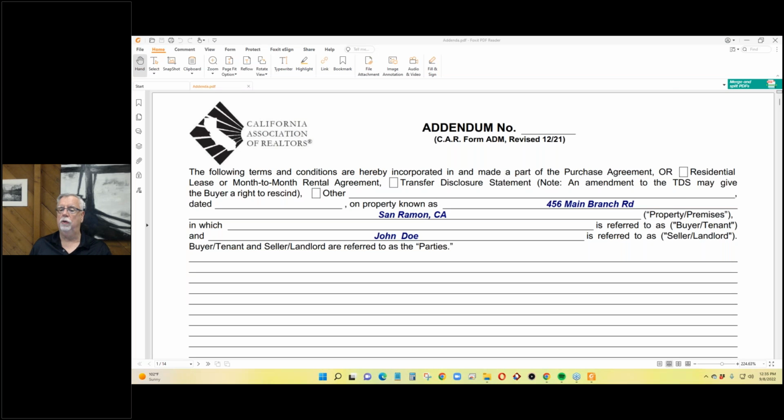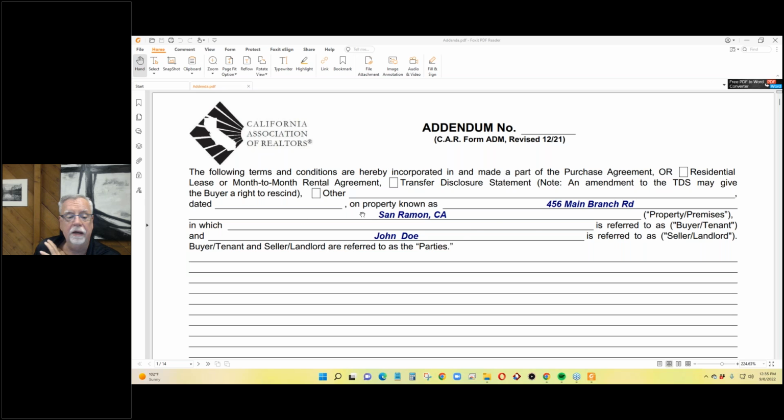All right, so there's the blank addendum, and you can number it, and you can then check what this is an addendum to. It could be a transfer disclosure statement. It could be a residential lease, but the default setting is the purchase contract. You could write in something else.